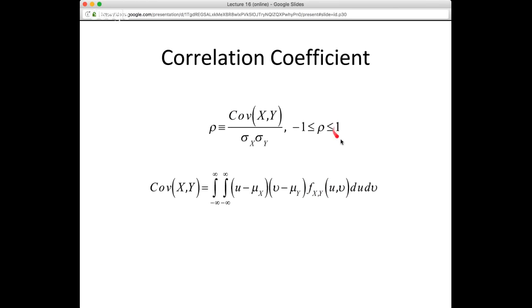That is going to give us a positive correlation coefficient, which actually approaches unity in the limit where they're extremely correlated.